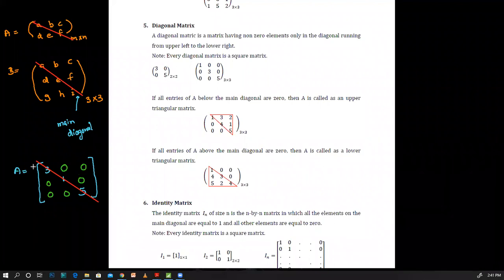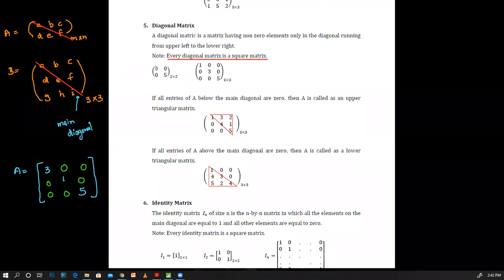Then we can say that this matrix is a diagonal matrix, and every diagonal matrix is a square matrix. That is why I told you before also that we define the diagonals for square matrices. Therefore we can say that every diagonal matrix is a square matrix.